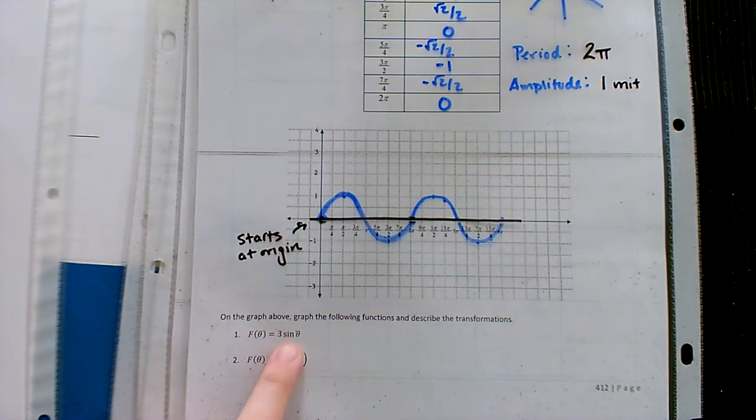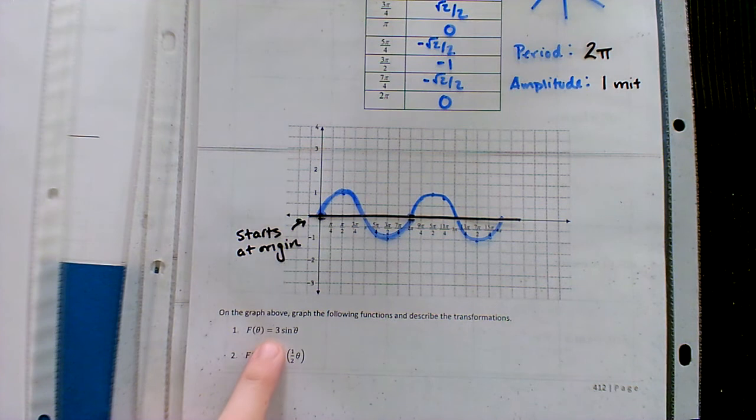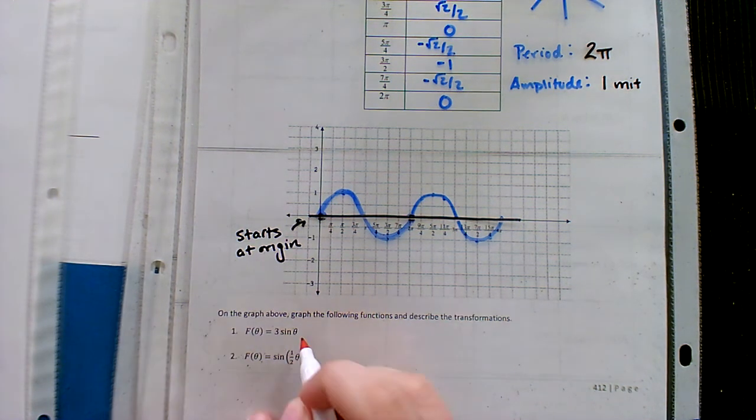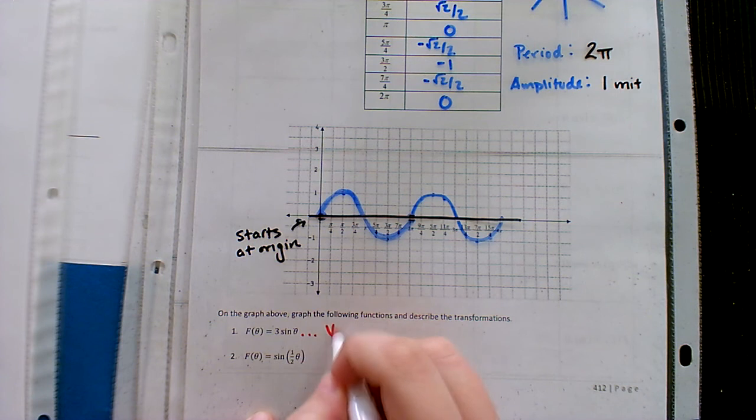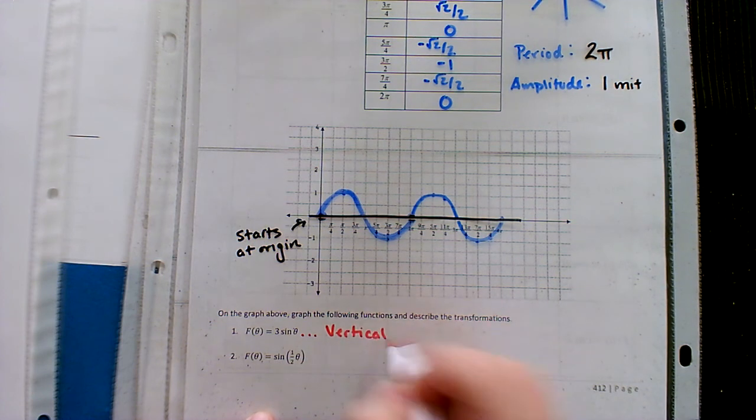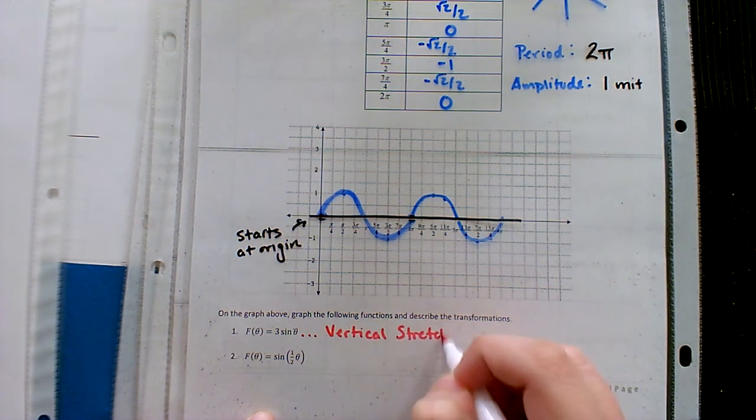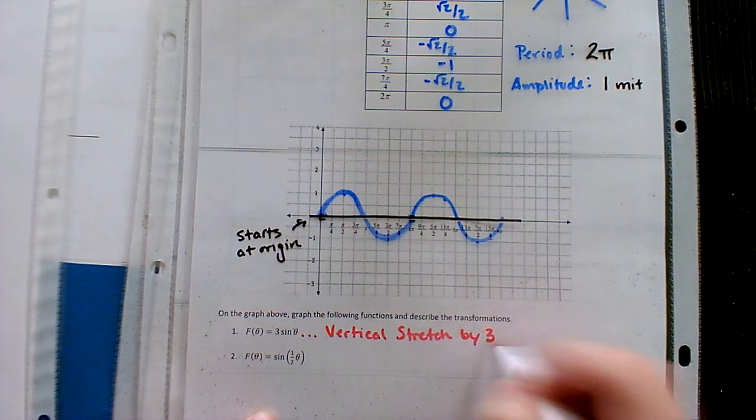What if I were to take the sine graph and multiply it by 3? Can we dig deep and think about what that multiplication is representing as a change? Yeah. I don't remember which way, but I know it's a stretch by 3, right? Yes. Okay, and it's a vertical. Okay, vertical stretch by 3.